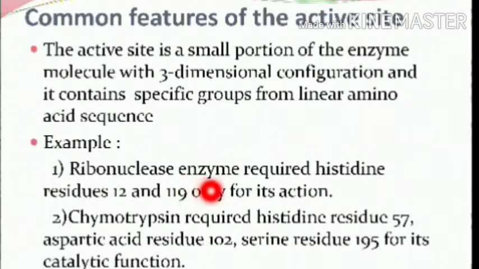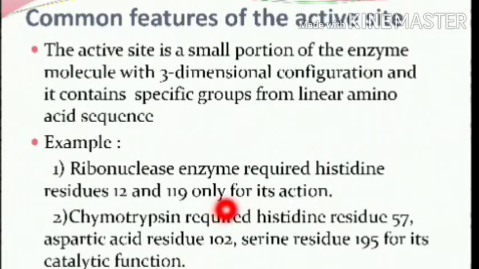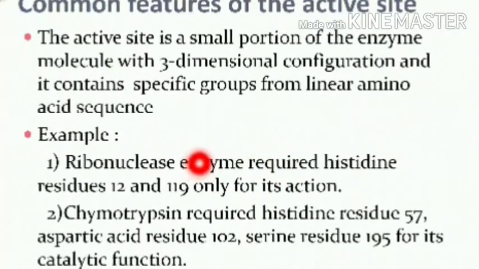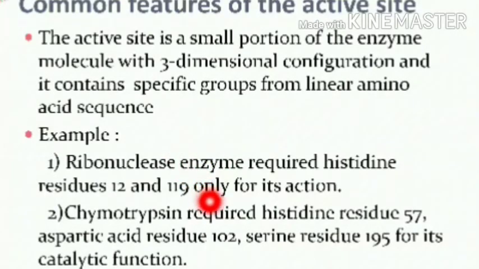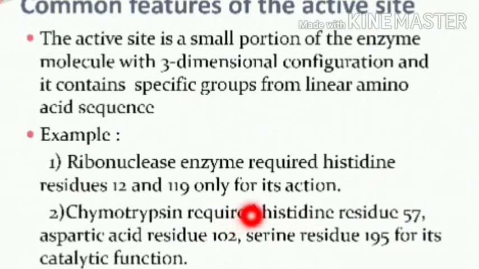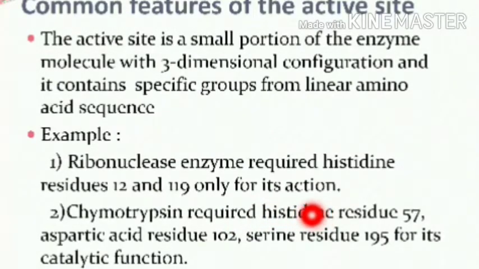For example, the ribonuclease enzyme requires histidine residues 12 and 119 only for its action. So these residues are necessary for the activity of ribonuclease. Second example, chymotrypsin requires histidine residue 57, aspartic acid residue 102, and serine residue 195 for its activity or catalytic function.